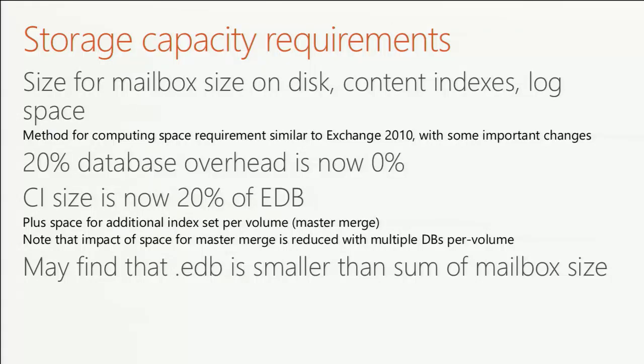We called that 20%. We changed the guidance in 2013 for that to be 0. And there are a couple of reasons for it. Unfortunately, there's another talk going on right now about storage insights, and they may be going into some detail on that. But essentially, there's some compression work done and some schema work done in 2013 that results in that number being 0.